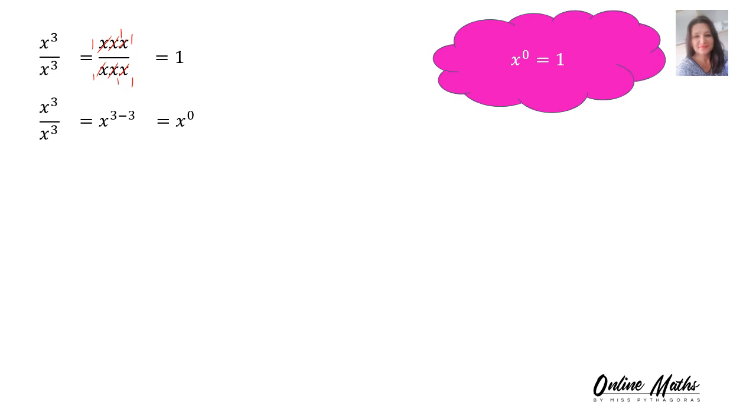But you don't need to worry about that. You just need to know anything to the 0 is equal to 1. So if I give you 5 to the 0, the answer is 1. When I give you something inside a bracket, minus 3x to the negative 1, it doesn't matter. Raised to the power of 0, the answer is 1.